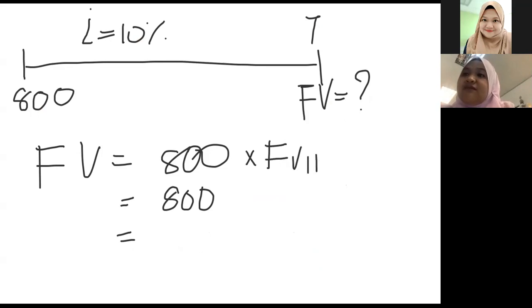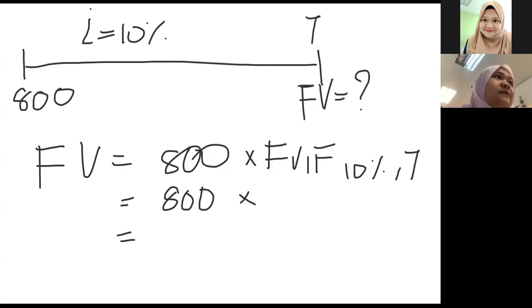Present value, you times with FVIF table. The I is 10% and 7 years. Okay. Refer to FVIF table. FVIF table, 10% 7 years is 1.1 94 87.